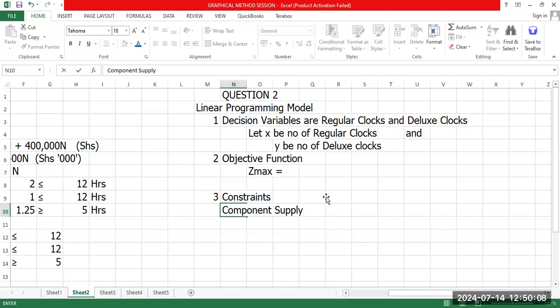You can remember each constraint affects your decision variables. How many decision variables do we have? We have X and Y.